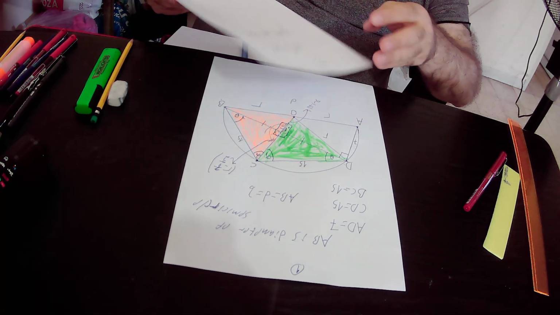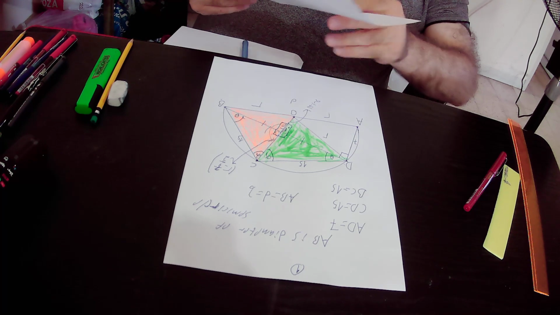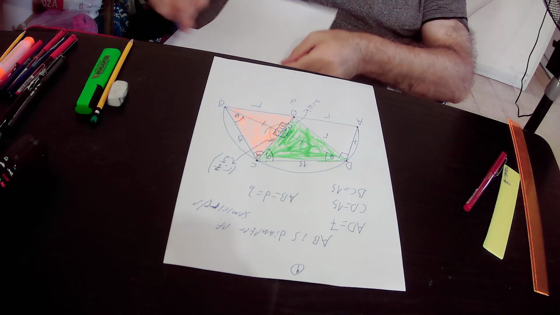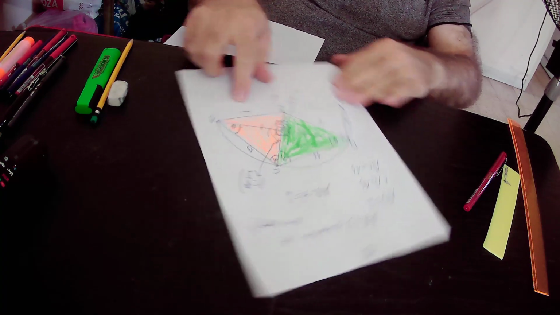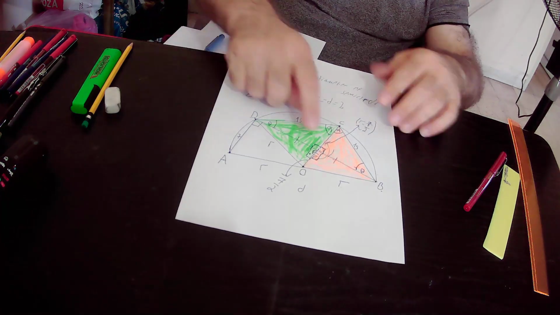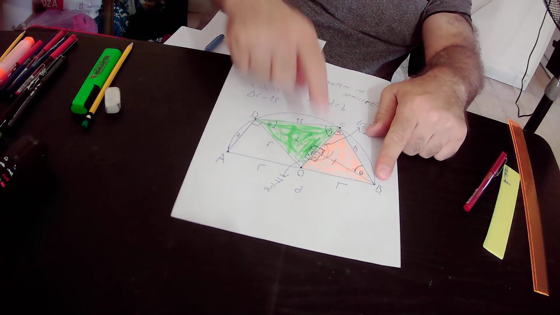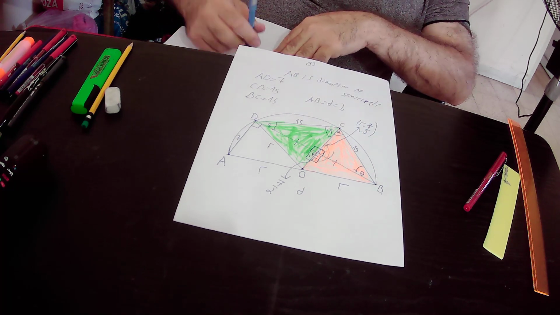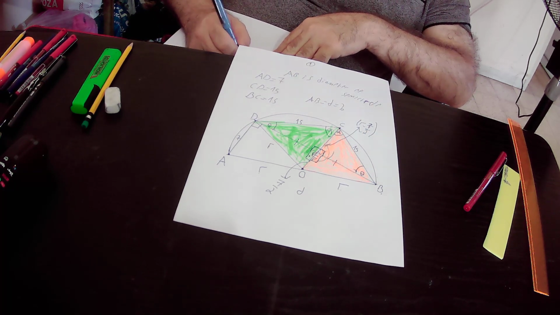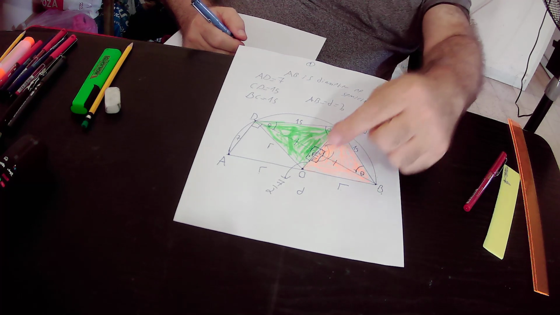Okay, but what is the value of OB? OB equals R, so OB square will be equal to R square minus OE square.